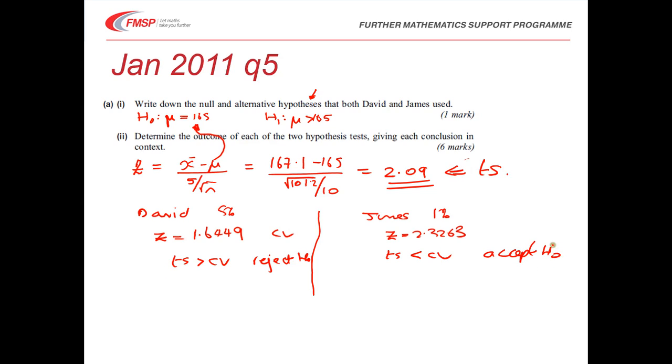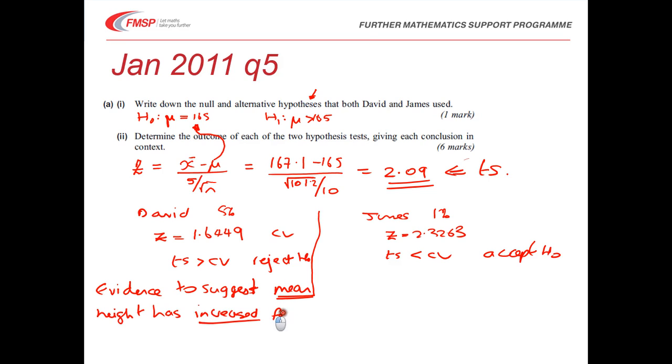Okay, so we then need some comments. What does this show? There is evidence to suggest, and some key words here, that the mean height, not the height, the mean height has increased, because it's one-tailed we need that as well, has increased from 165 centimetres, I prefer putting my units in, at 5%.